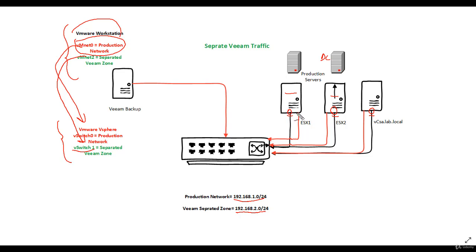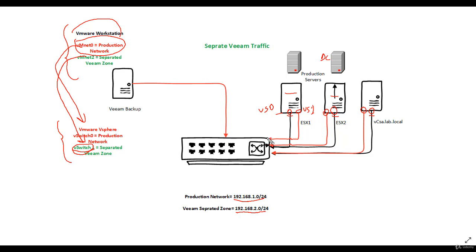So we need another vSwitch here, the red line, which is going to use the physical network interface card of these servers, and we'll add them to vSwitch 1. So for production, we have vSwitch 0, and for the separated zone, vSwitch 1, which is going to be the red line. Red line here means VLAN.